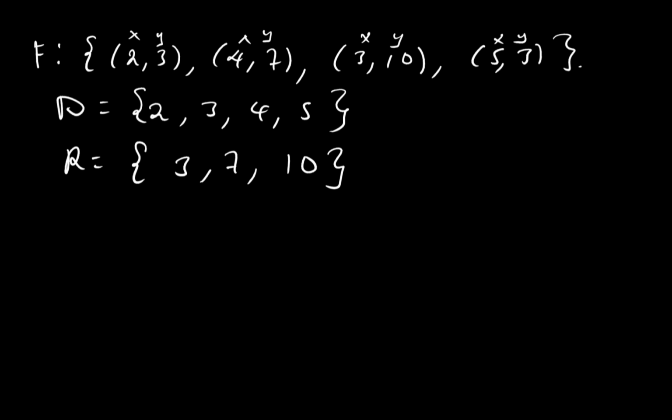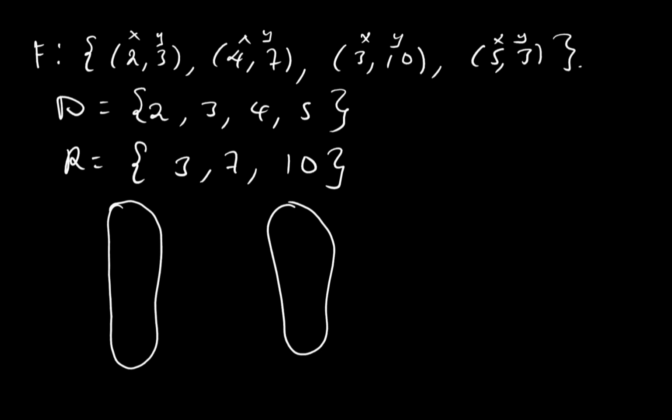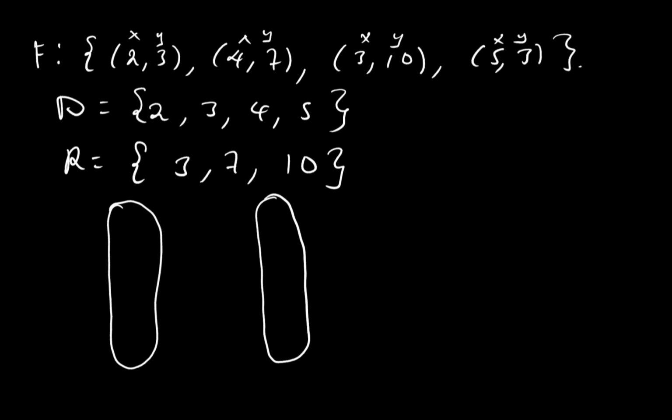Remember xy, xy, xy, xy. Now, if we wanted to map this, we can draw that. I guess my drawing is not that good, but bear with me. Okay, so let's say we have the domain 2, 3, 4, 5. Then we have 3, 7, and then we have 10, as you can see.